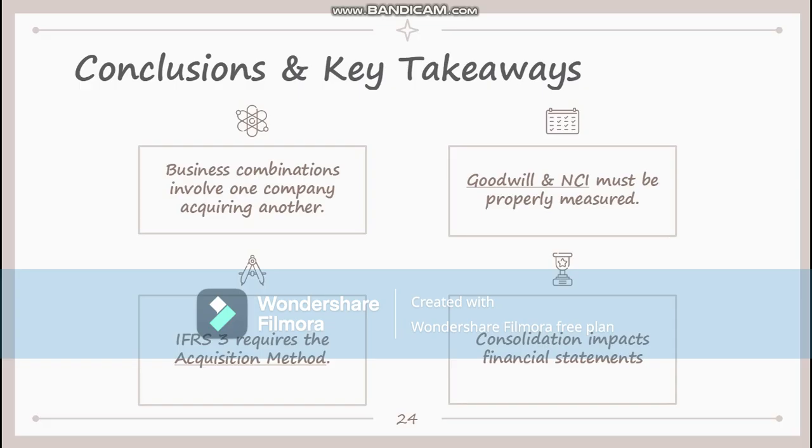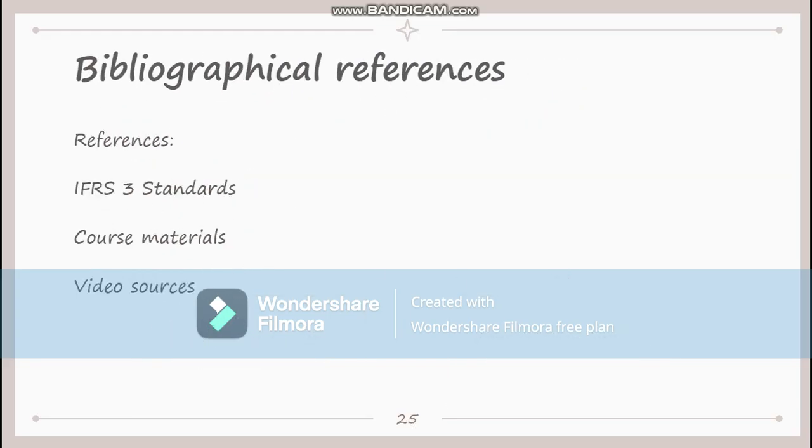By fully understanding IFRS 3, businesses can make smarter financial choices and adhere to international accounting standards properly. This helps in maintaining transparency and consistency in financial reporting, which makes it easier for everyone to understand the company's financial health.